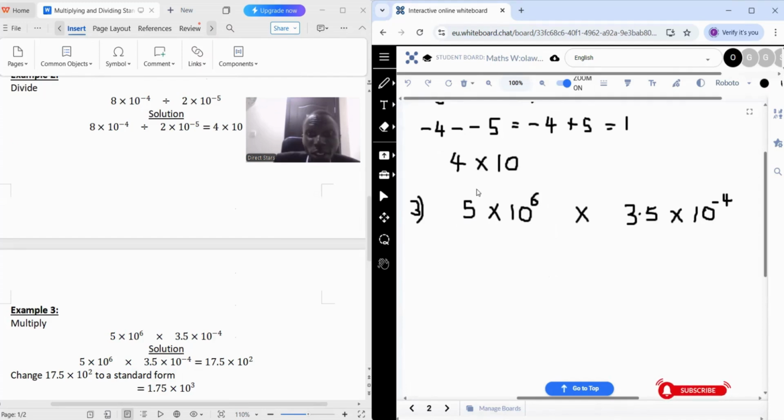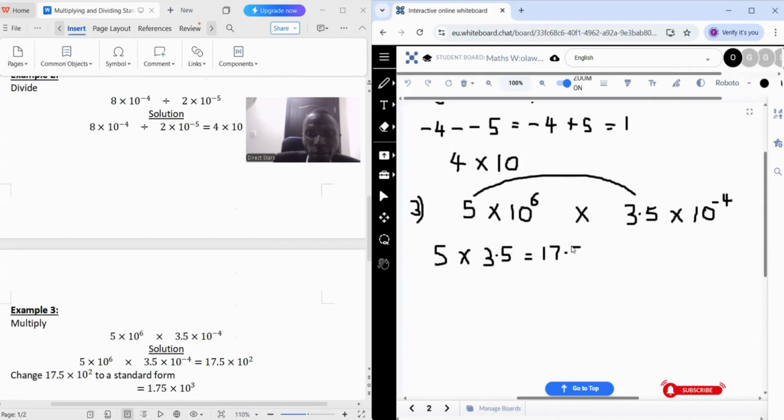The first thing we're going to do here is to multiply the first numbers. That's 5 times 3.5. Five times 3.5, we're going to have this to be 17.5.